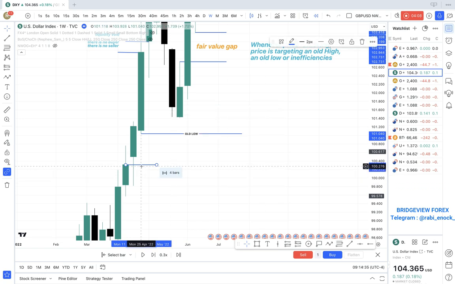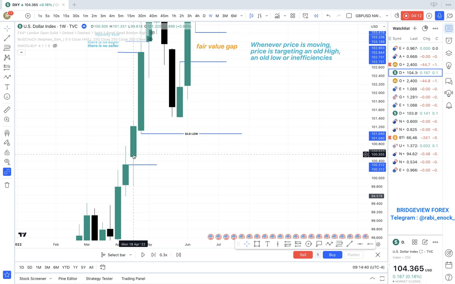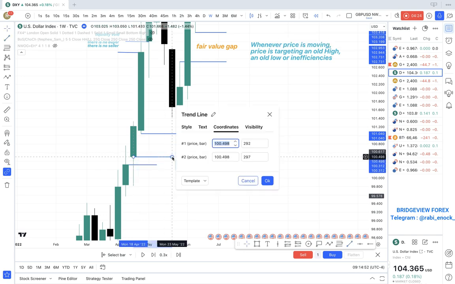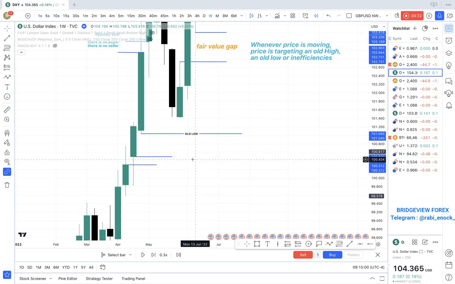And the opening of this candle is 100,500. So this is what? A liquidity void.